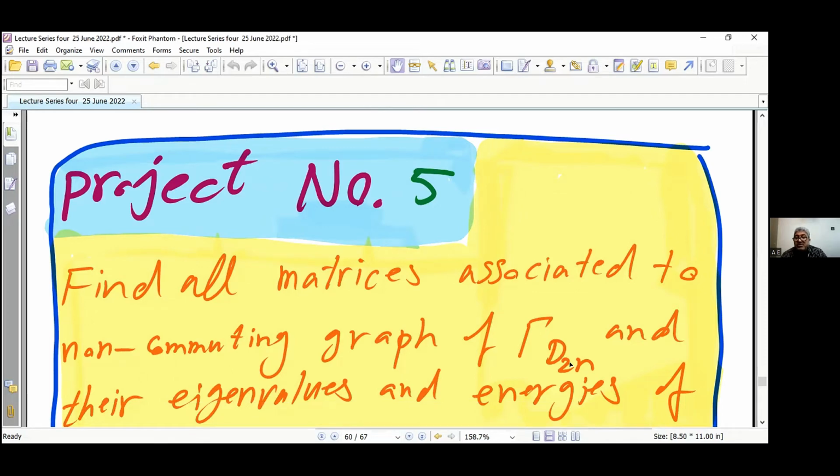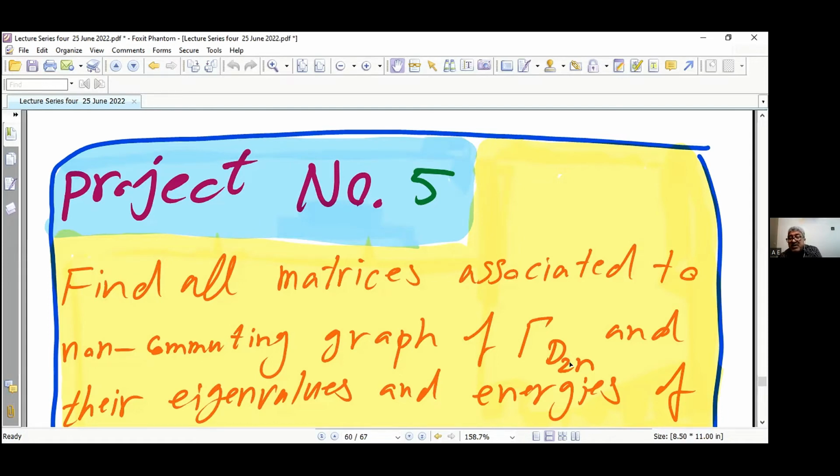I computed for the non-commuting graph of the dihedral group of order 8. Now, what are these matrices for the non-commuting graph of the dihedral group of order 2 times n? You have to determine each of these matrices exactly. So it depends on n.